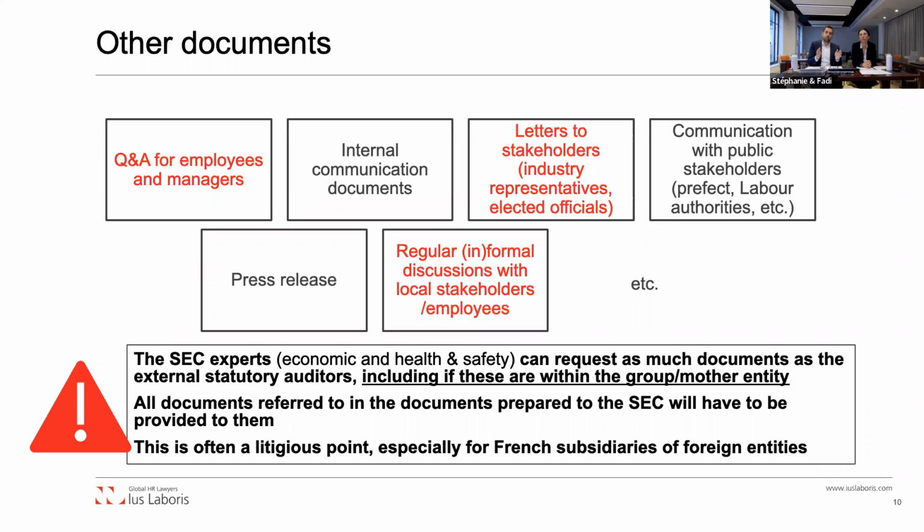Also, during the process, they will have the right to request documents from the management. They have the same power as the external statutory auditor. They can request documents that sit within the group, that sit within the mother entity. They can request the minutes of the board of the worldwide company. So that's something you need to take into consideration.